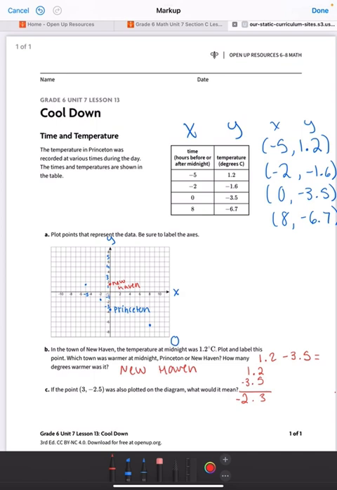I just worked backwards. Let me check. Let's see. Yep. When you have negative numbers like this, you can subtract like normal and just place a negative sign in front of it. So the real way you should have done it, let me erase that. That's not the correct way. You should have done 3.5 minus 1.2 to get 2.3, but because the negative's facing the larger number, you're going to put a negative in front of it. So -2.3 is your difference.